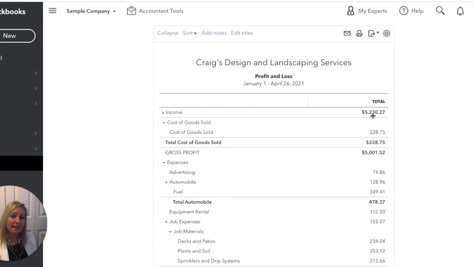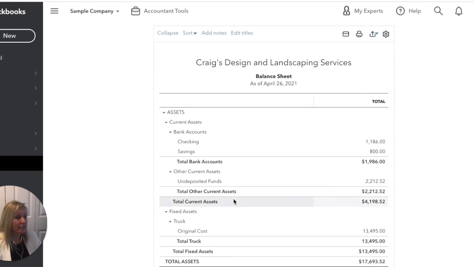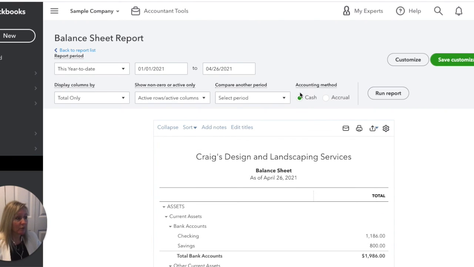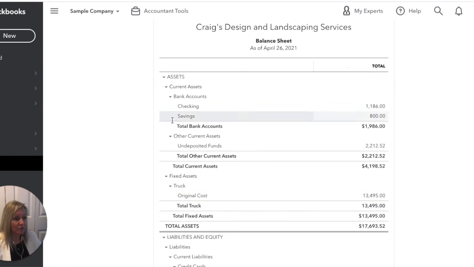We should not see anything on the balance sheet for accounts receivable or accounts payable because it's almost like those things haven't really happened yet because we don't count them until the cash exchanges hands. So if we look at our balance sheet over here, we now see, and I've changed it to a cash basis. So we had accounts receivable up here in the assets section before, and that's no longer there.